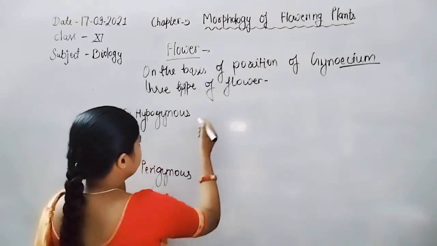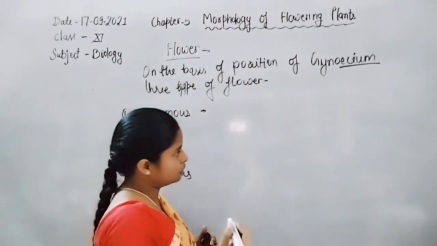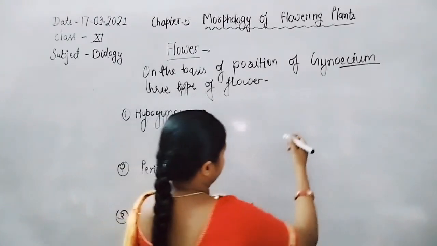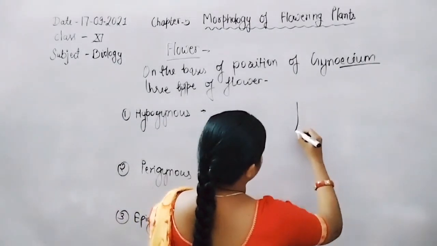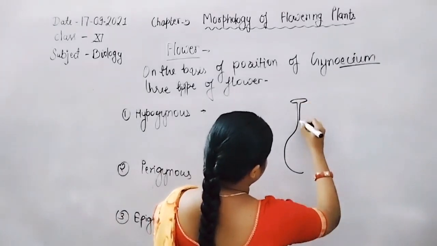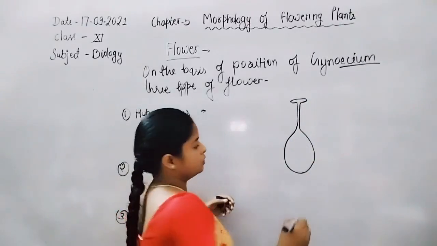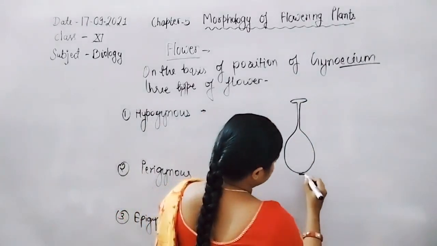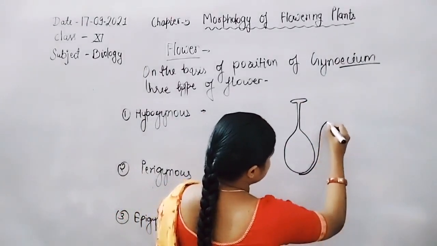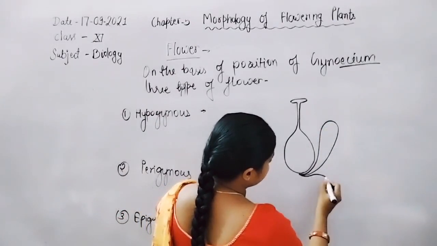If the gynoecium is present above with respect to all the other flowering parts, such a type of flower is known as hypogynous type of flower. This gynoecium is superior. Other parts originate from lower to the gynoecium.